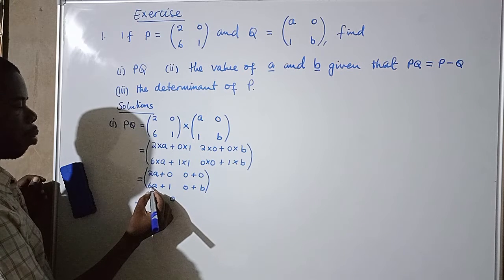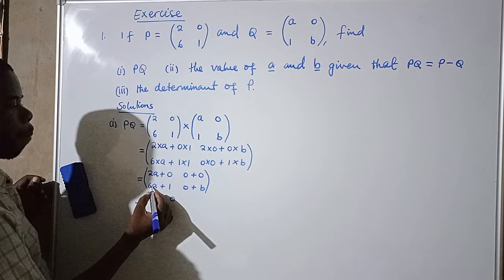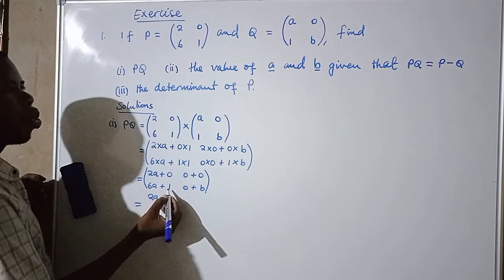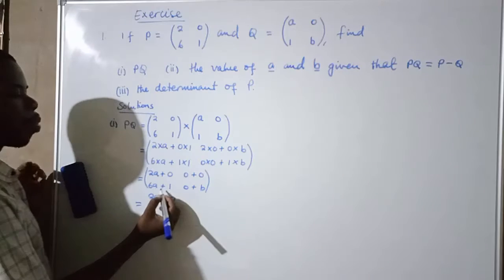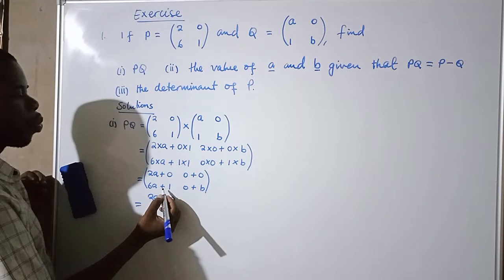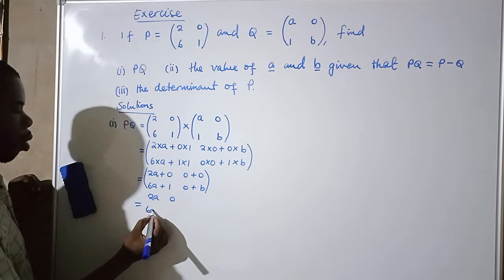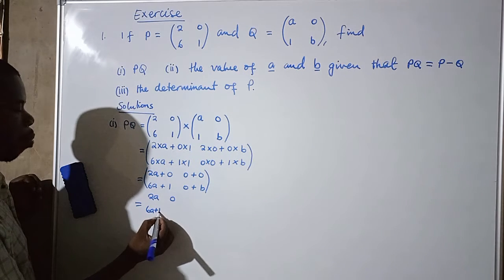Then 6A plus 1, these cannot be added because they are not like terms, so it will just be 6A plus 1.